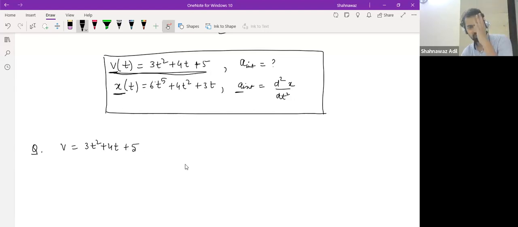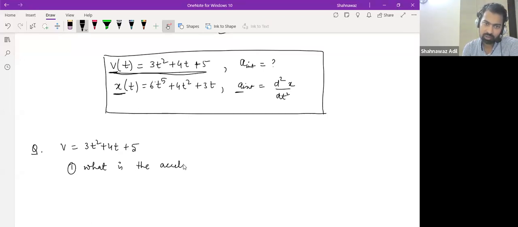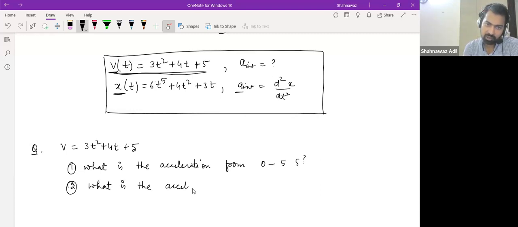And then we need to find out the acceleration from 0 to 5, 5 seconds. The second question is: what is the acceleration at t equal to 2?